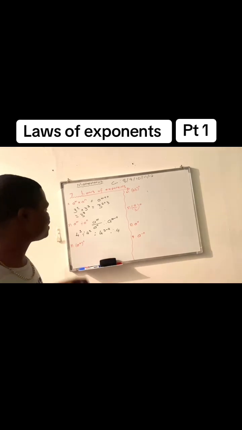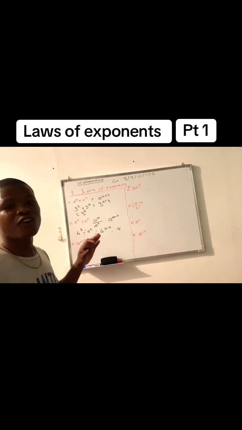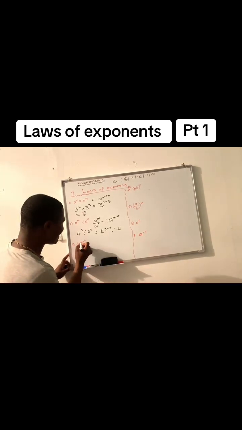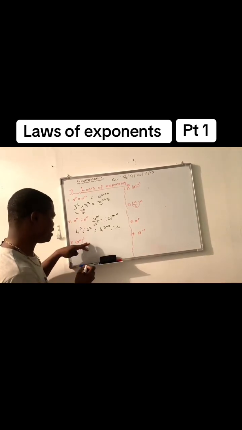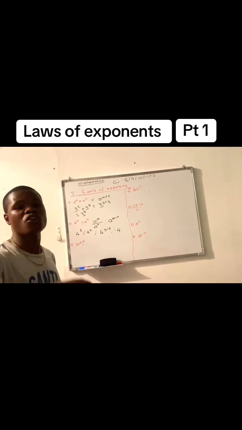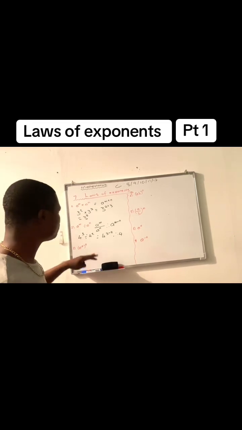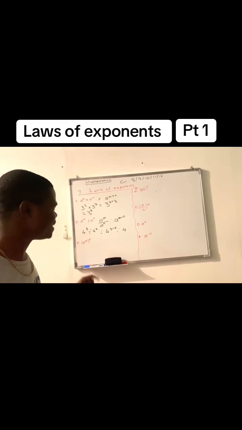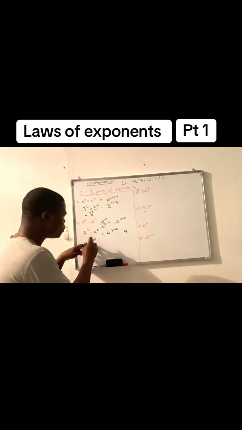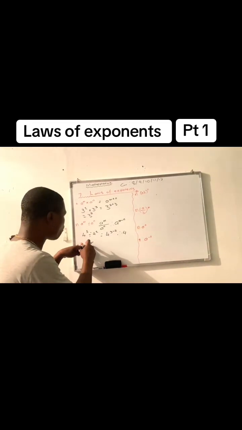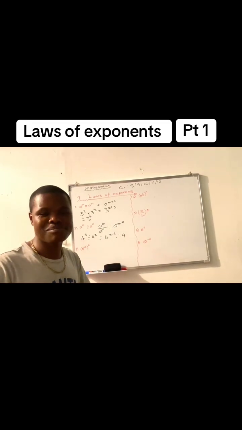And then this one is called the power of a power, or product of exponents. Why? Because we've got an exponent in a bracket with another exponent outside. This is called a product of an exponent, and this is how you deal with it. The rule says when we've got 2 exponents, one inside the bracket and one outside, you always multiply the exponents.